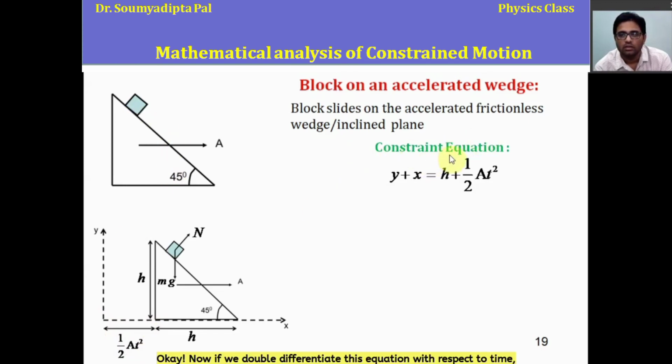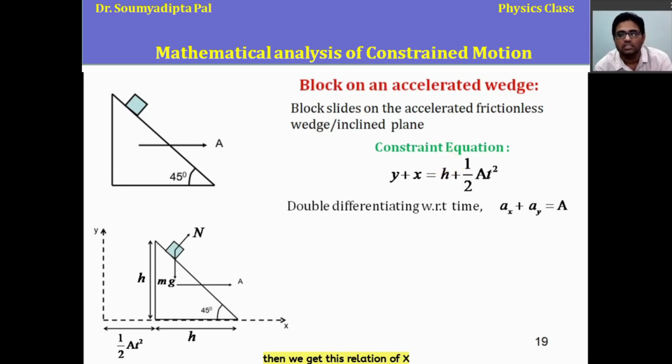Now if we double differentiate this equation with respect to time, we get this relation of the x and y components of acceleration, that is ax plus ay equals capital A, the acceleration of the wedge.